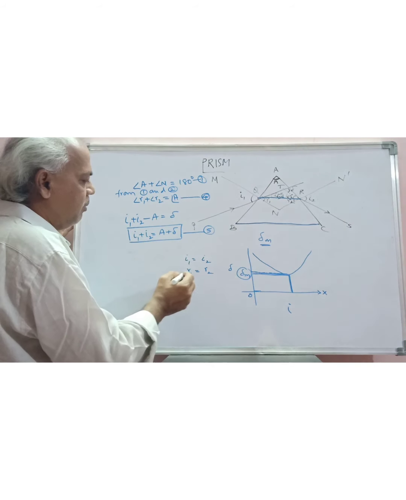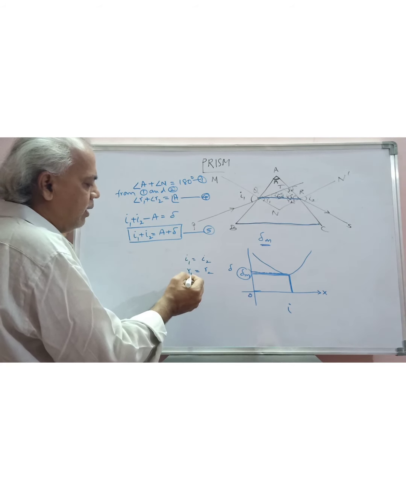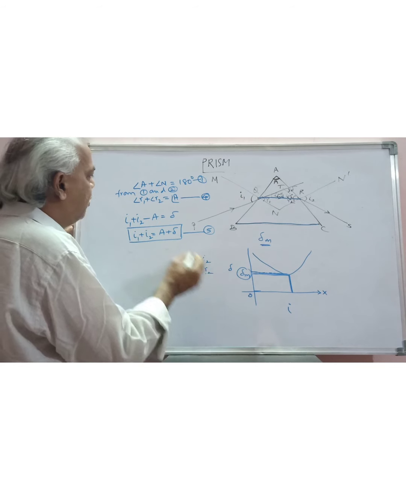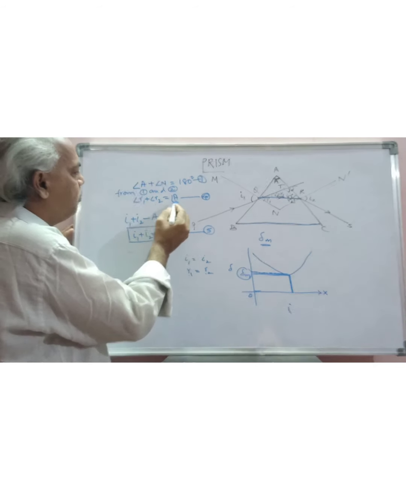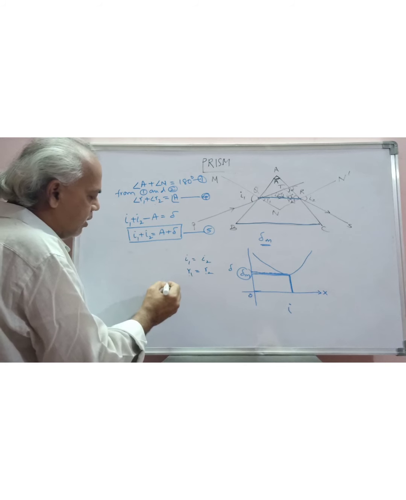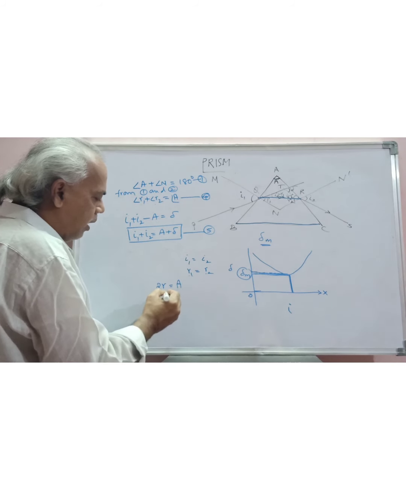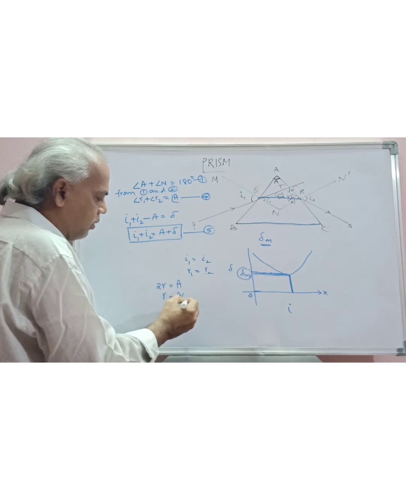So here at minimum deviation, what happens? R1 is equal to R2. So R1 plus R2 is equal to A. So 2R is equal to A, R is equal to A by 2.